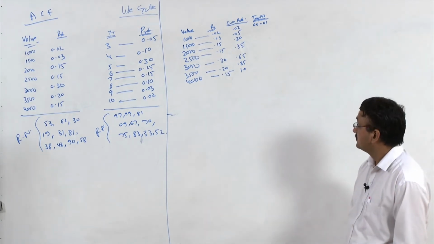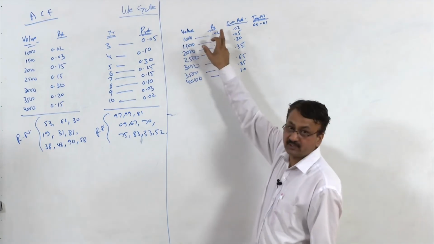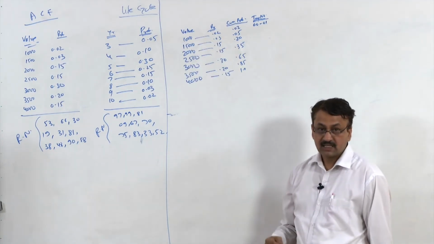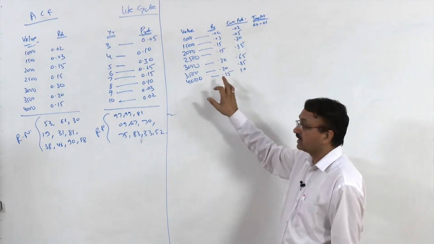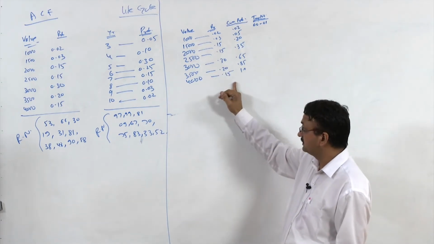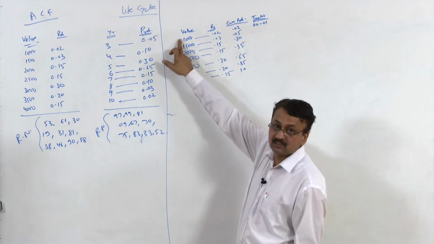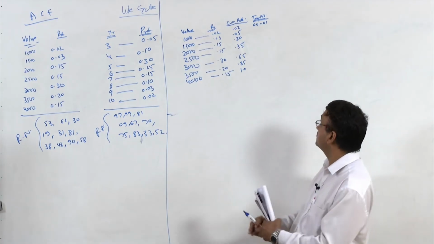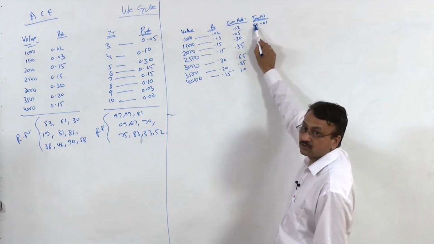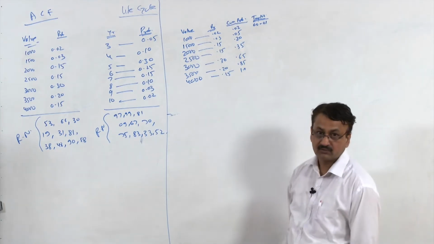So what is the meaning of 1000 and probability is 0.02? Its meaning is that out of 100 times the value of cash flow was 1000 only for 2 times, right? So for first time we have assigned it 0 value, and for second time we assign it to 1 value, right?